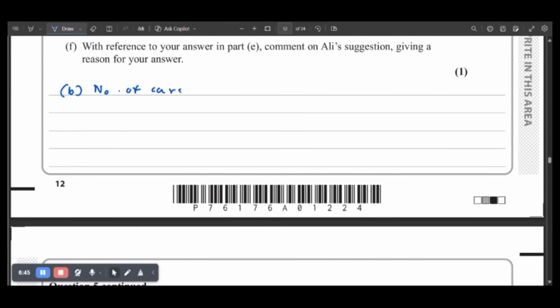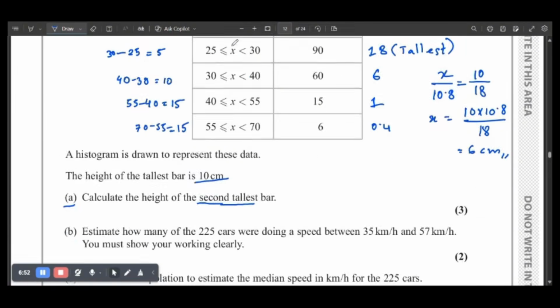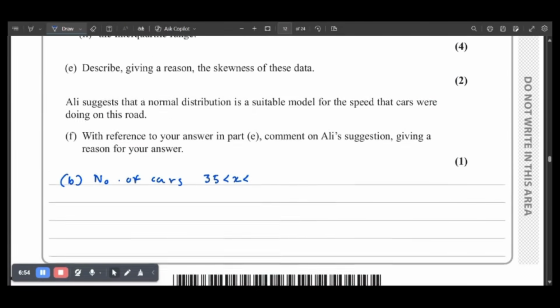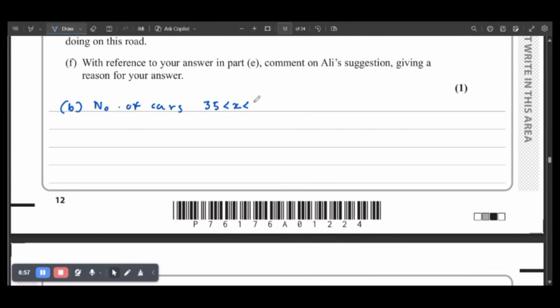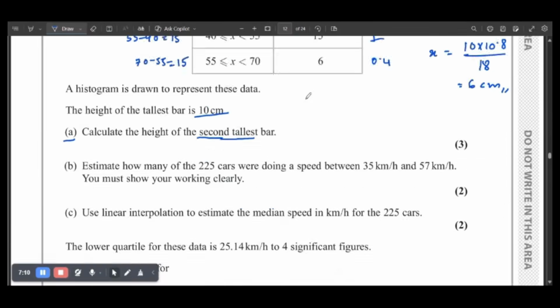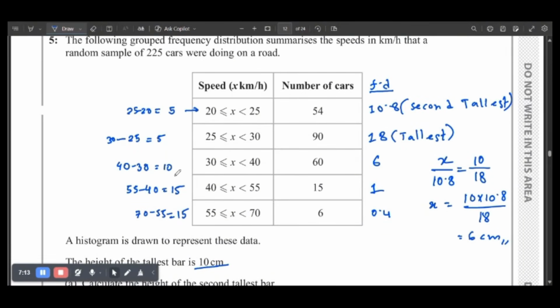The number of cars with a speed between 35 and 57 is the class width of 35 to 40, which is 5, times the frequency density, which is 6.